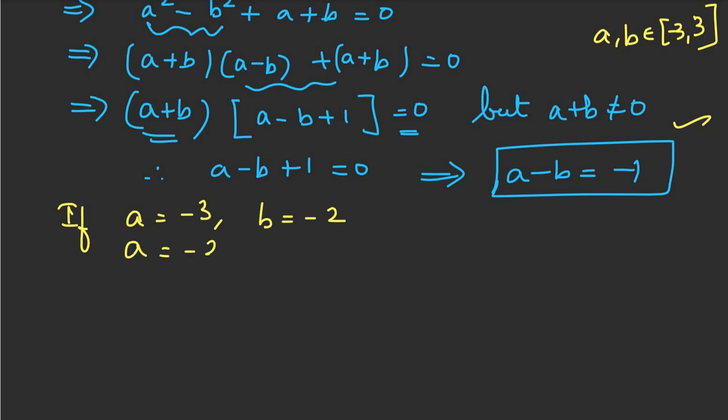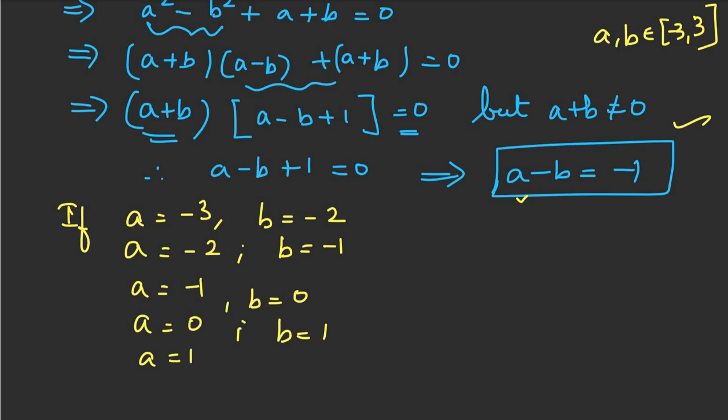A is equal to minus 2, we get b is equal to minus 1. Next, a is equal to minus 1, b is equal to 0. Next, a is equal to 0, b is equal to 1.